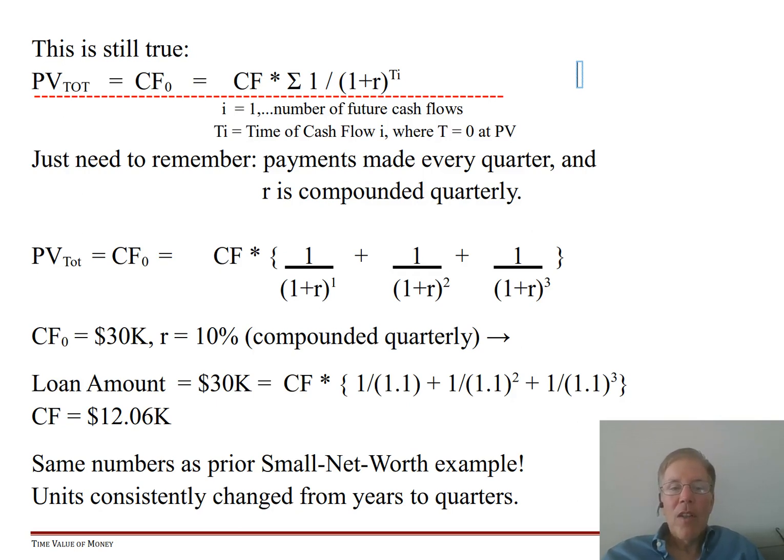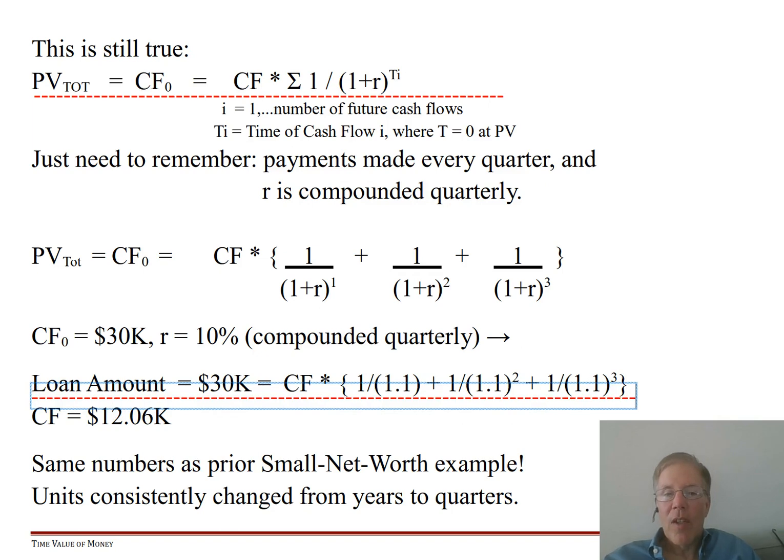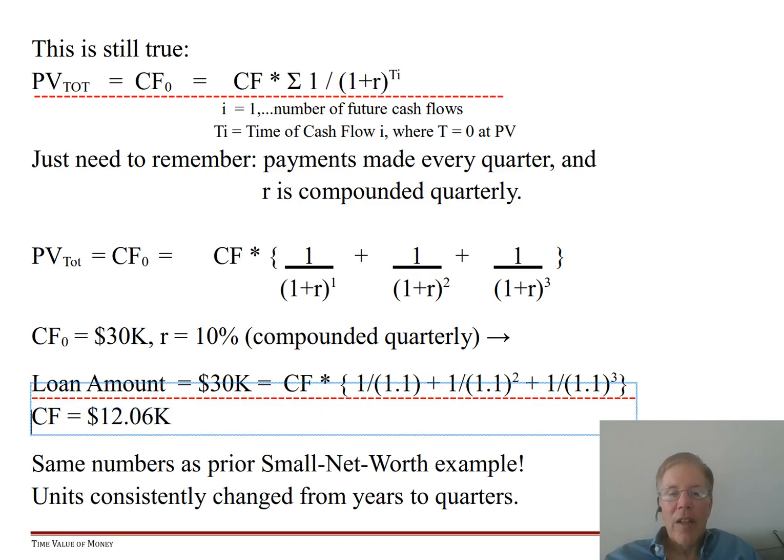So if we plug in CF0 equals 30, R equals 10%, we solve this equation for the uniform cash flow, and we find that the uniform cash flow is $12,060.